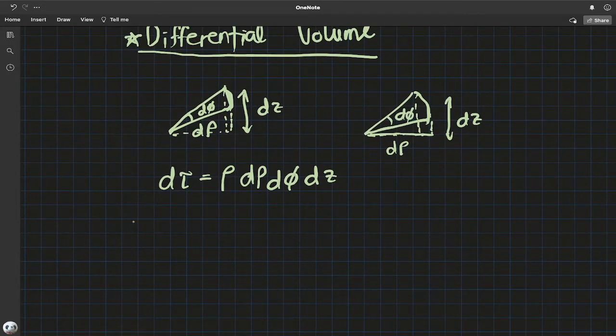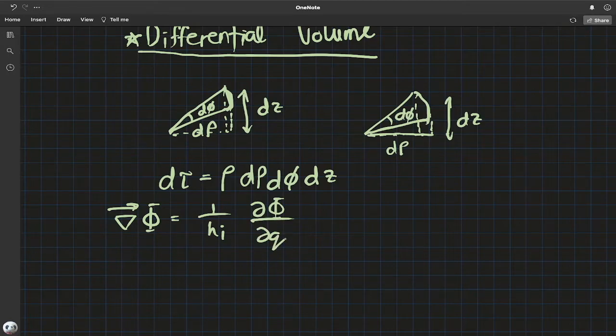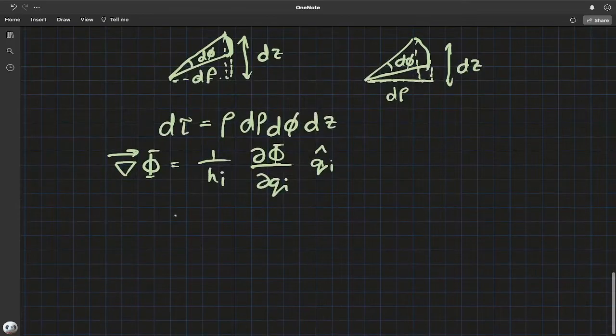Well, what is the gradient of, say, big phi in this system? If you remember the formula, it is 1 over h_i, partial big phi over partial q_i, times q_i hat. So we'll have to write this as a vector.